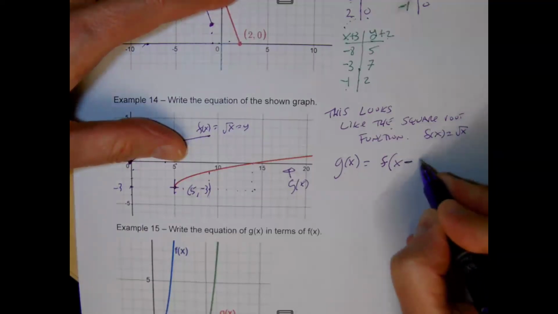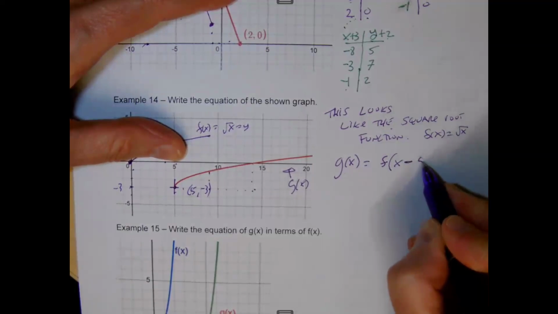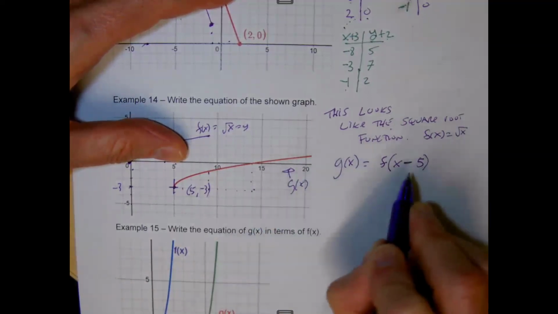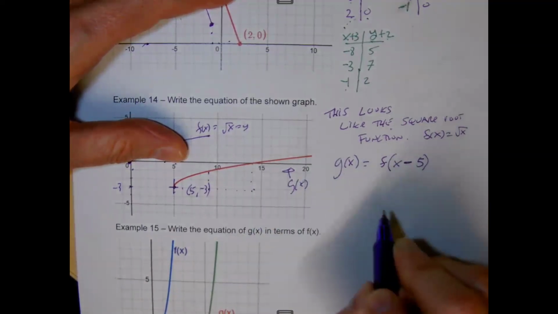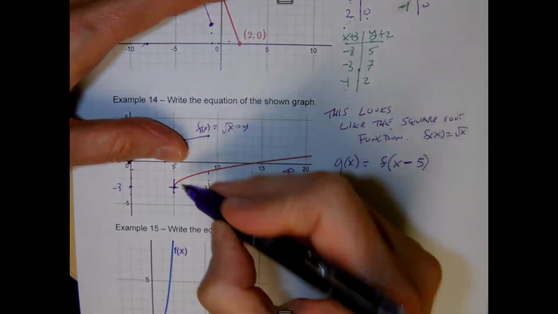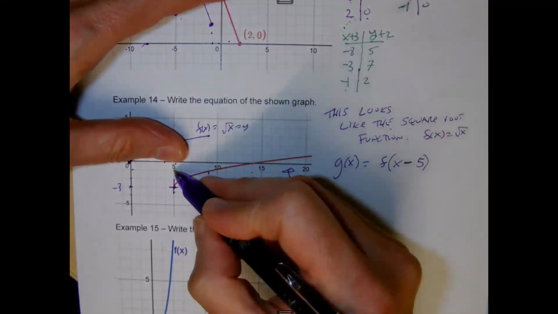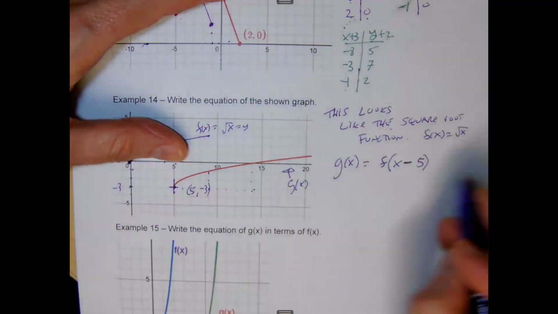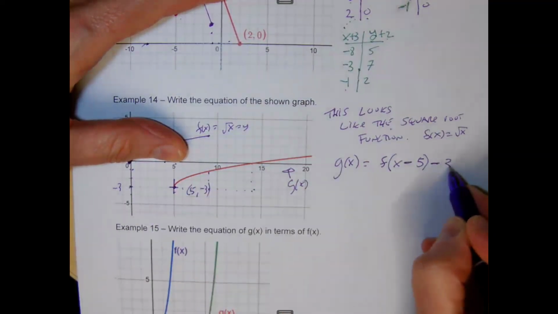I just need to write down the correct movement. 5 to the right is positive. And the last thing I did was go down 3 units. It looks like this point went 1, 2, 3. So at the end, I'm going to just subtract 3.